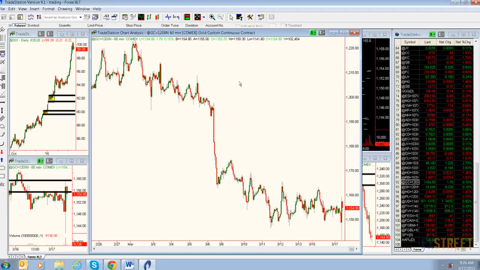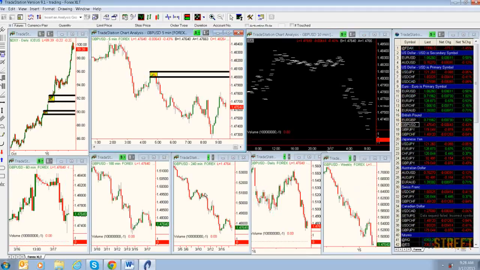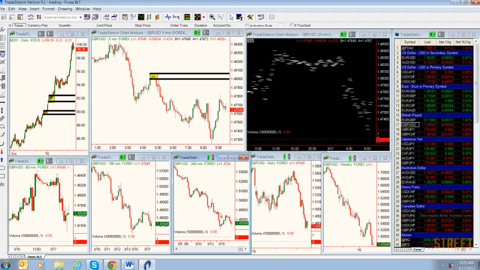In the larger time frame, though, probably the safer bet is a little bit higher up in here. And you can see it pretty clear on this chart right here.